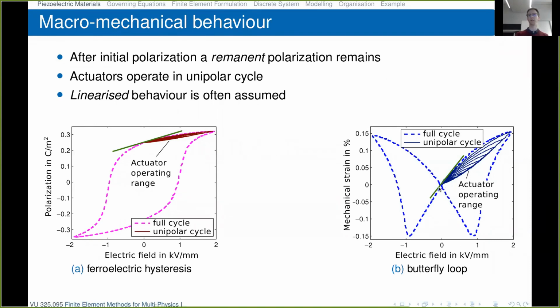When you traverse all the way from very negative to very positive electric fields, you form this complete butterfly curve. If you only operate in the unipolar cycle, you get this part of the butterfly curve, which in many cases can be sufficiently accurately approximated by a linear material law.